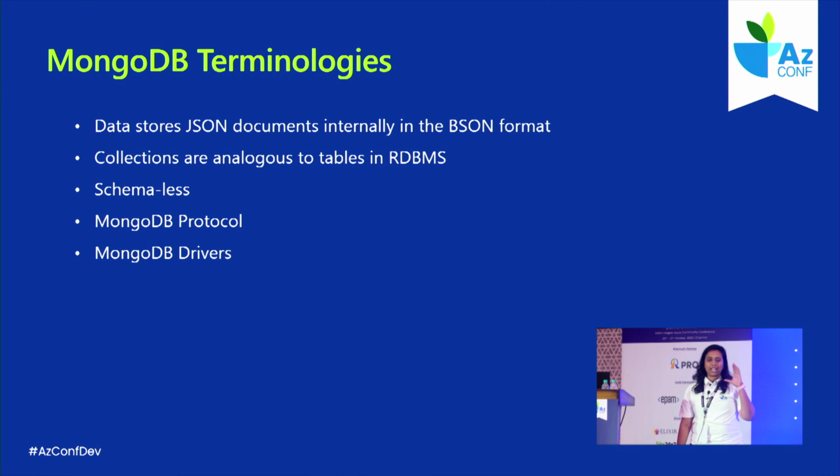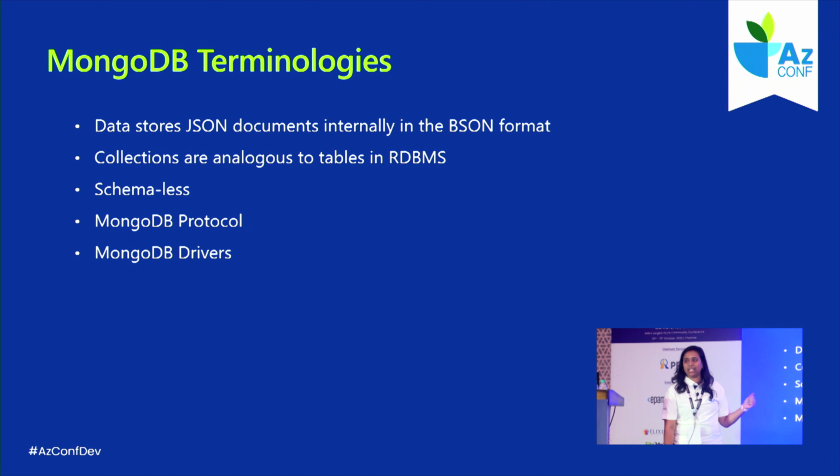We save it as JSON, but in MongoDB it is a binary JSON format, so we call it a BSON document. And if in SQL it is a table, in MongoDB it's a collection. And we say it's schema-less, right? Key and value, it can be any data that comes in. It can be set dynamically into MongoDB.